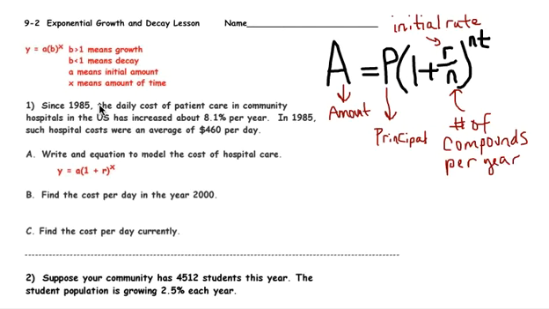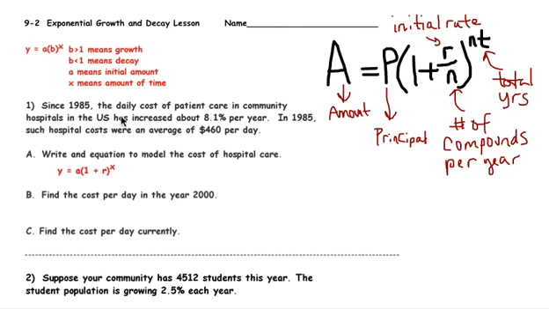It'll make more sense when we get to some examples. And then the NT power, we already know what N is. T stands for the total years. Okay, so you're just going to want to have that so that as we get to some problems where we may need it, we can go back and look at what each of those represents.